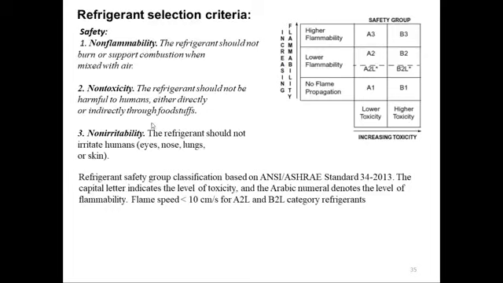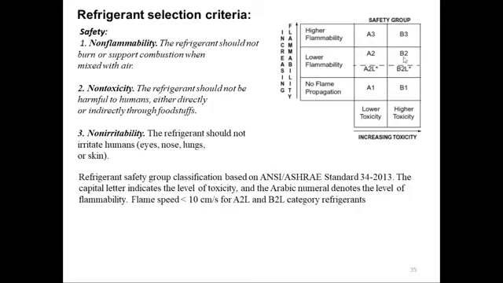So non-flammability and non-toxicity. The third one is non-irritability. By mistake, if you touch it or if it gets into your eyes or nose or lungs, it should not irritate. So there is a standard refrigerant safety group classification based on the ANSI/ASHRAE Standard 34, 2013. The capital letter indicates the level of toxicity and the Arabic numeral denotes the level of flammability.